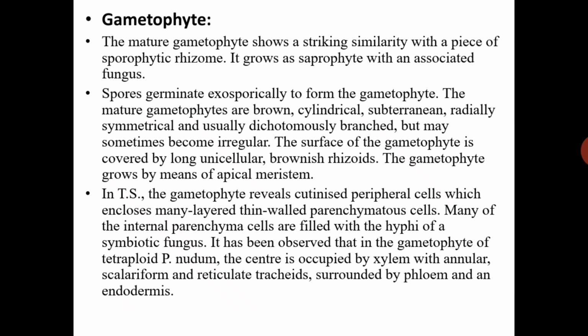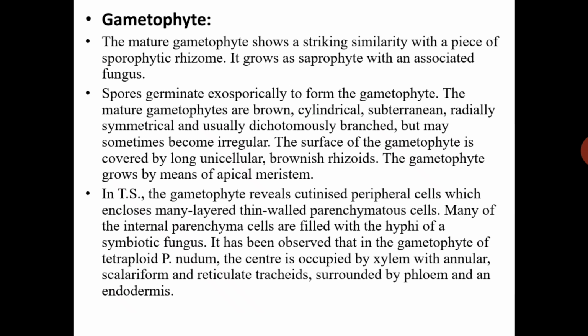In the transverse section, the gametophyte reveals cutinized peripheral cells which enclose many layered, thin-walled parenchymatous cells. Many of the internal parenchyma cells are filled with the hyphae of a symbiotic fungus, as in a rhizome.